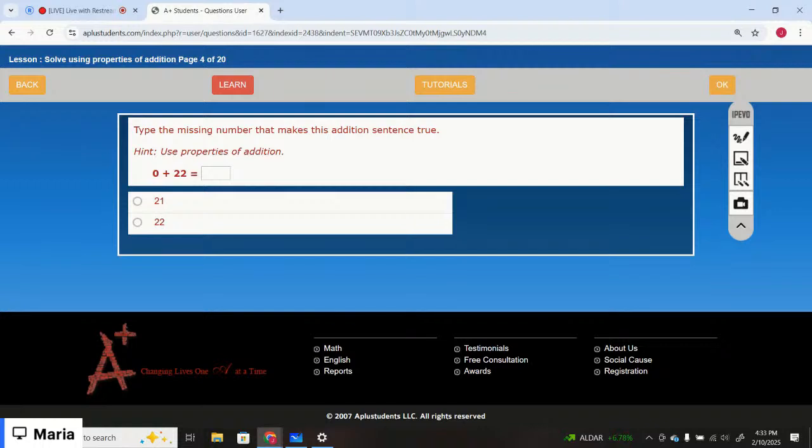Type the missing number that makes the addition sentence true. So 0 plus 22 equals 22.